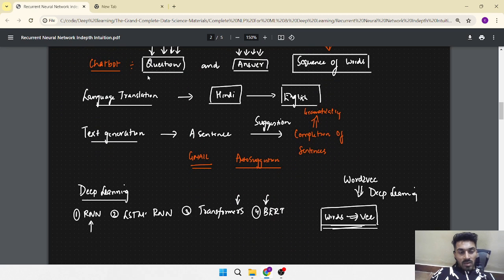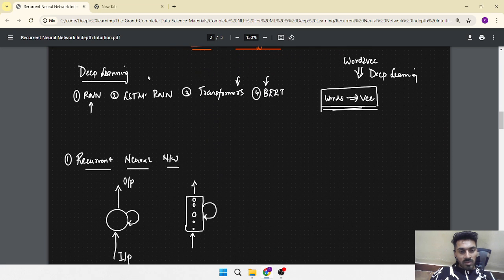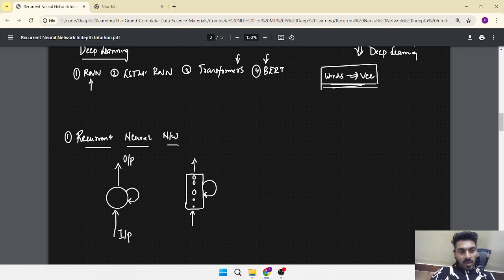Firstly, in the 2000s, before 2017, everybody was talking about the RNN model, but nowadays nobody is talking about it. After that RNN, they created LSTM, long short term memory RNN. This works fine as compared to RNN, but after 2017 they created the transformer model, and this is now a very good model, and everybody is using transformer.